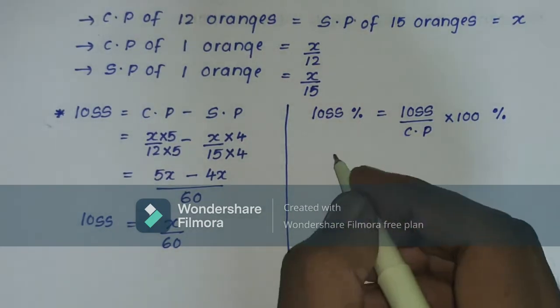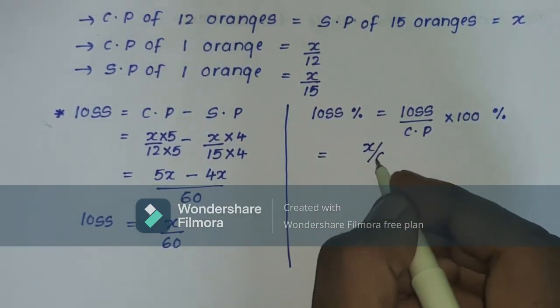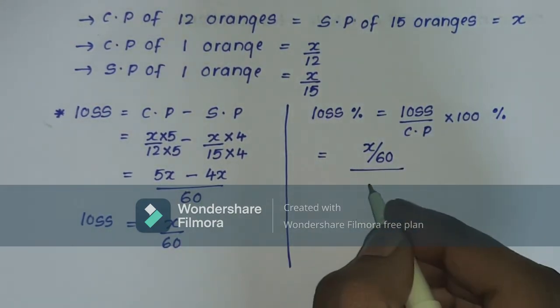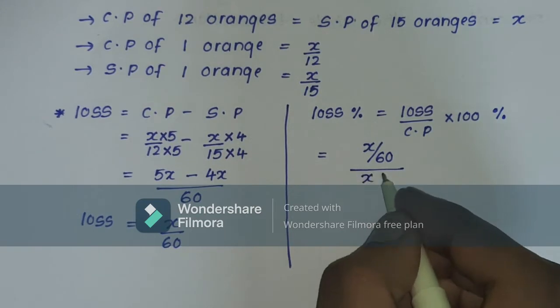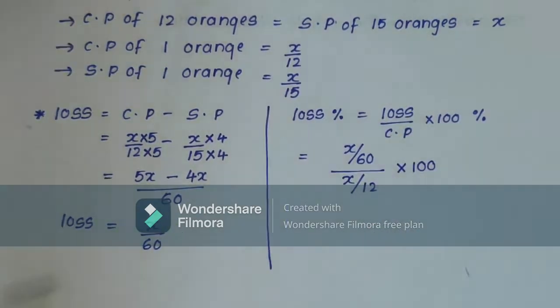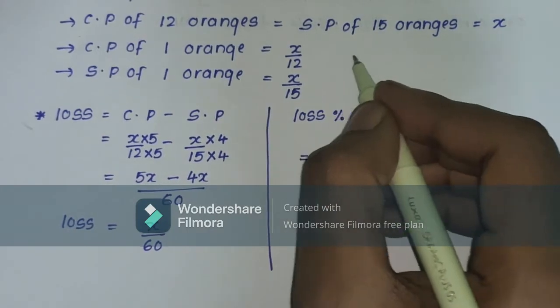Right, student? So let us do it. Loss is how much? X by 60, student. Okay, upon CP, which is how much? X by 12, multiplied by 100. Now, student, I just want to show you one basic formula. I'll write it down here.